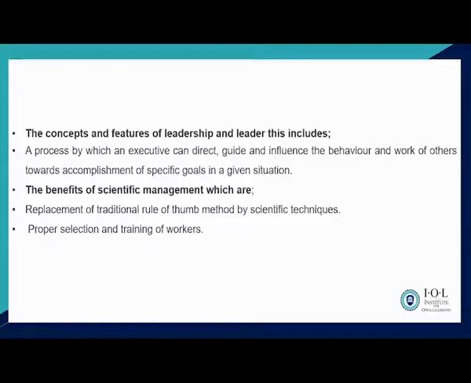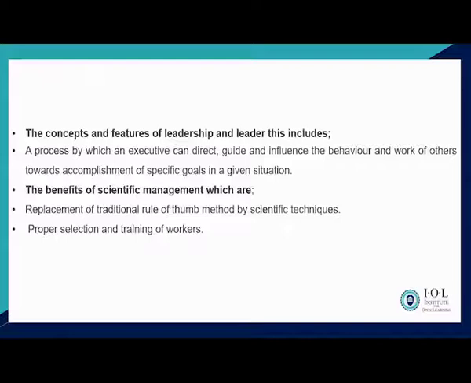Then we are going to look also at the benefits of scientific management. There are a lot of benefits. As you know, we looked at the criticism earlier on. Now we are going to look at the benefits. Why does scientific management also bring some benefit within the organization?